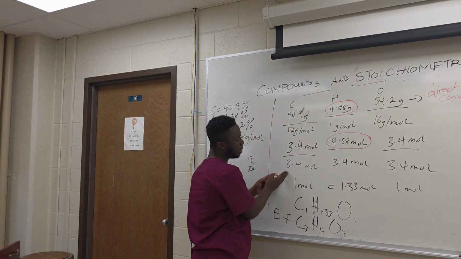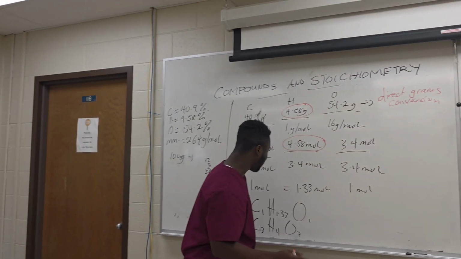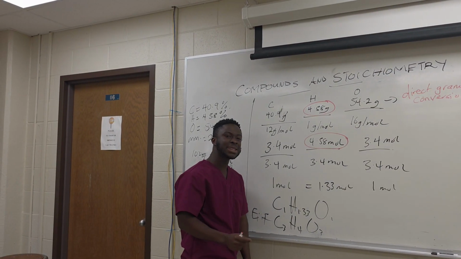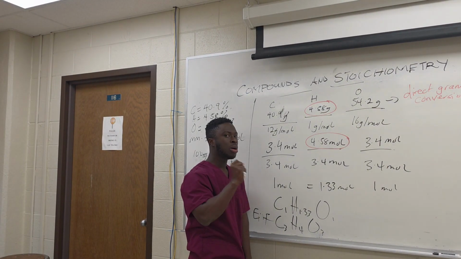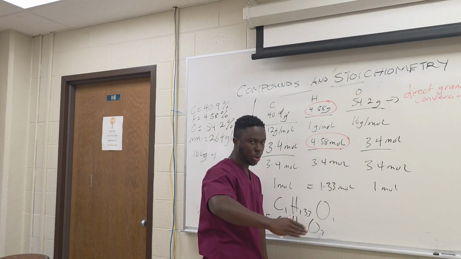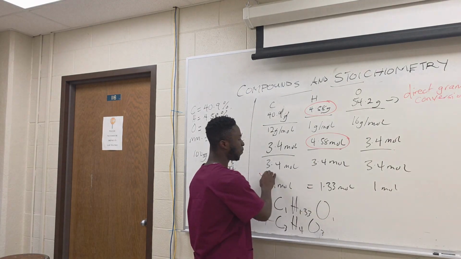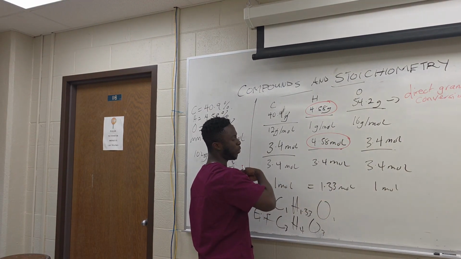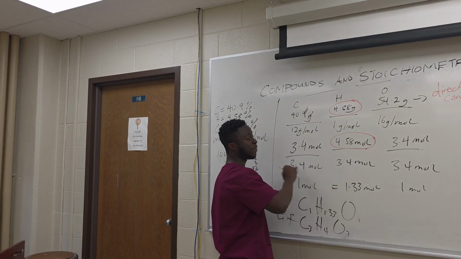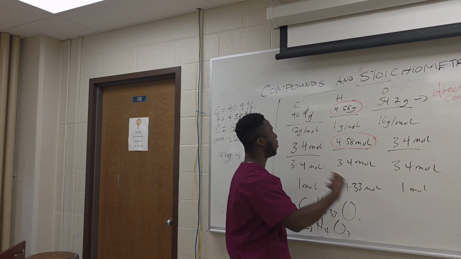And once we get them into moles, we once stated that the empirical formula is the lowest mole ratio. So we have to find the lowest mole ratio, and for us to find it, we divide through by the lowest common multiple.